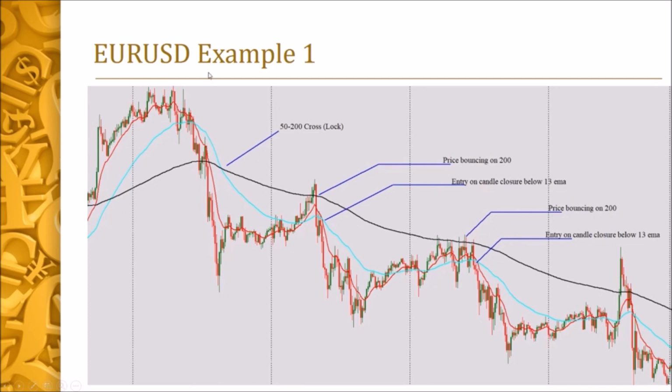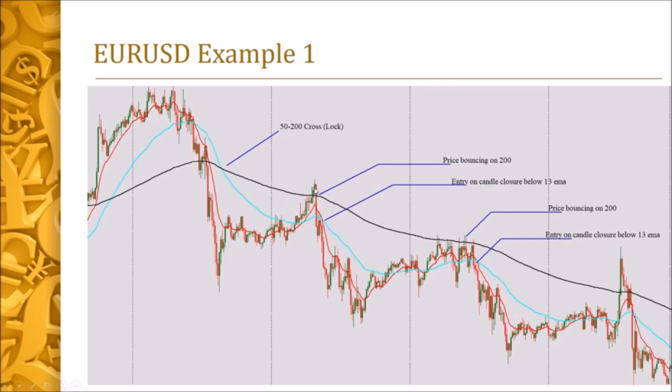After the 50-200 cross, this actually shows that the market makers were in drive. They had large positions when this move was being made. Then at this point, most of the market makers closed their positions. That is why there was a surge in the power of the euro, and price started to pull back to the 200 EMA.